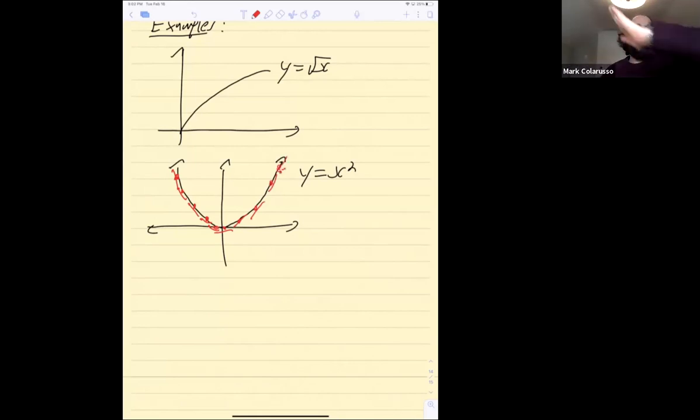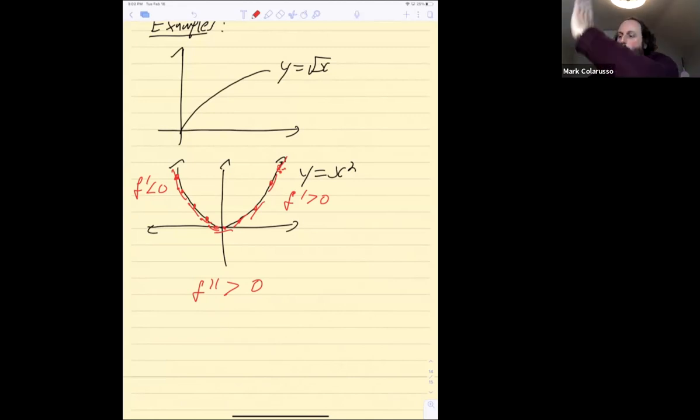So here, f prime is less than 0, then f prime is greater than 0, but the whole time, f double prime is positive. And this is concave up, because the tangents are constantly getting more and more positive as you move from left to right. They start out really negative, get to 0, then more and more positive. So this is concave up.